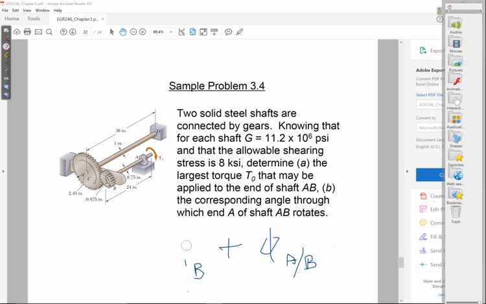So in the first part, okay, they want to know the largest torque that can be applied to the end of shaft AB, right, given that the allowable shear stress is 8 KSI. So we're given an allowable shear stress, okay?